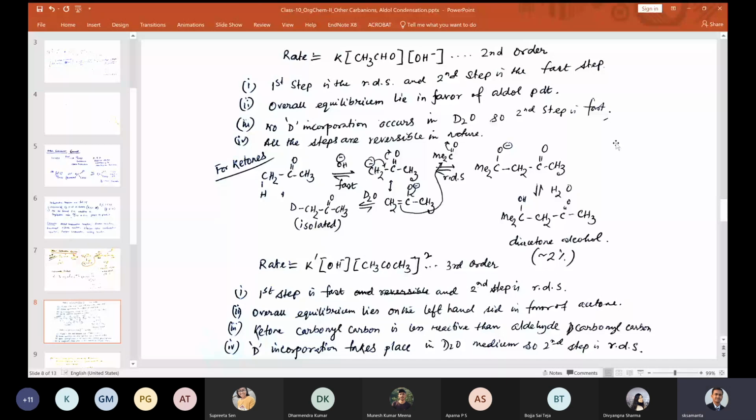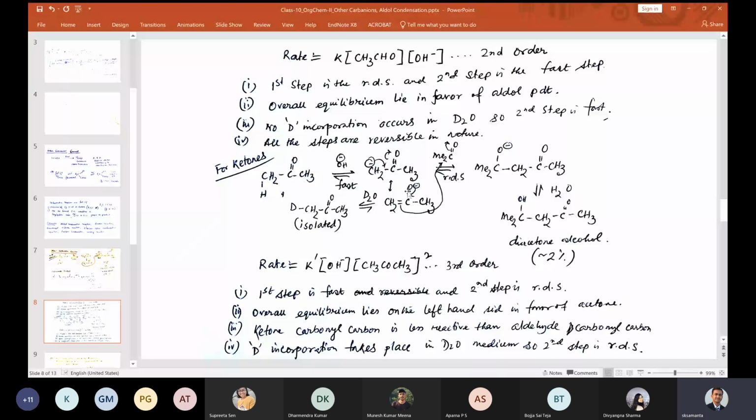Now let's see what will happen for ketones. What is the reaction for ketones? For that we take acetone. If we take acetone and add the base, then what will happen? This base will again take up this proton to form a negative charge here. This negative charge could be in conjugation with this double bond C=O, that is this product.